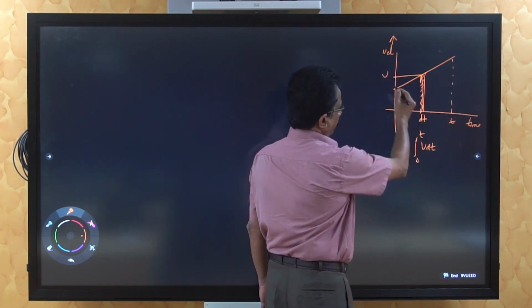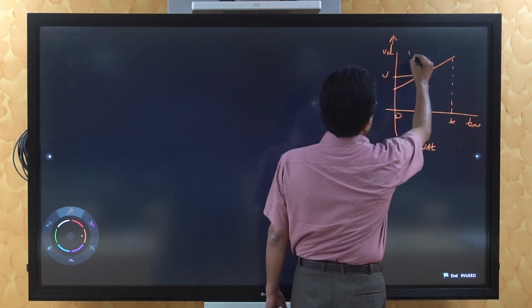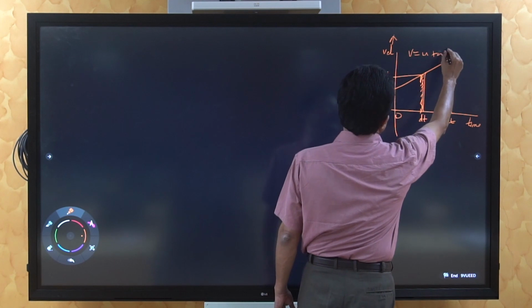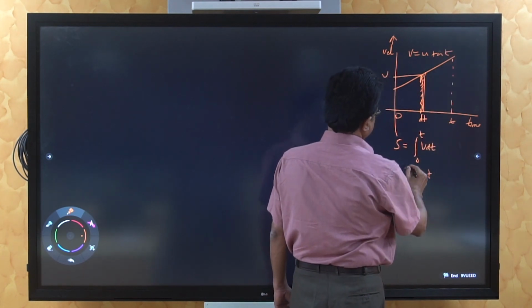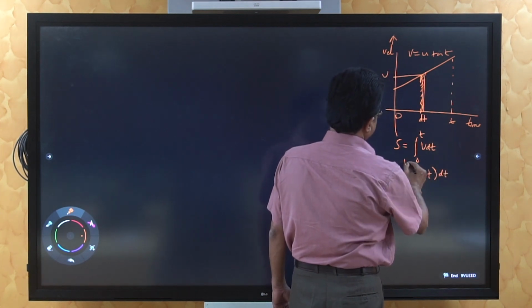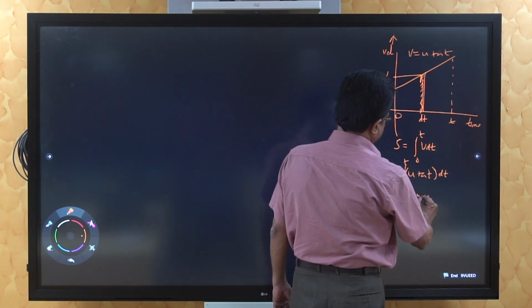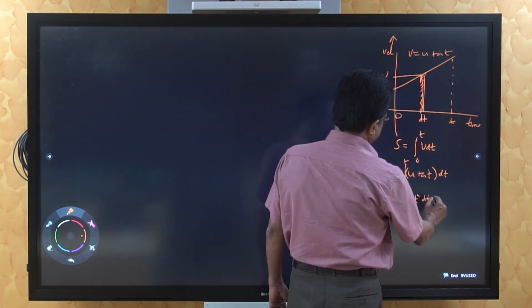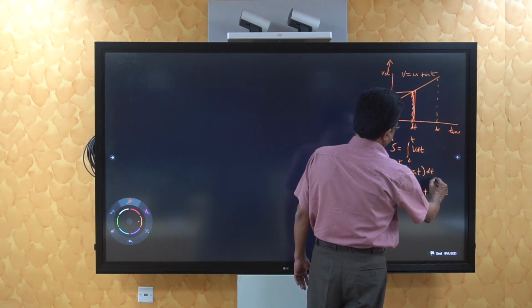You know that the area under the velocity time graph is the displacement, and v is equal to u plus at. So we integrate (u plus at) dt from 0 to t. I write this as the integral of u t raised to 0 dt from 0 to t, plus the integral of at dt from 0 to t.